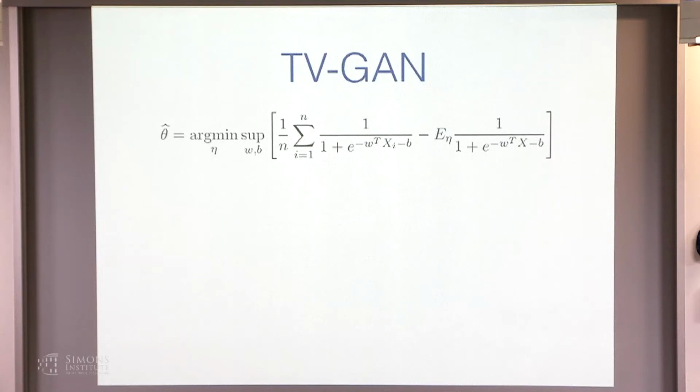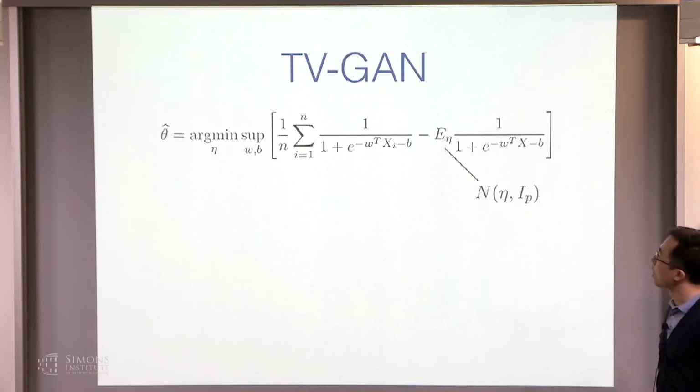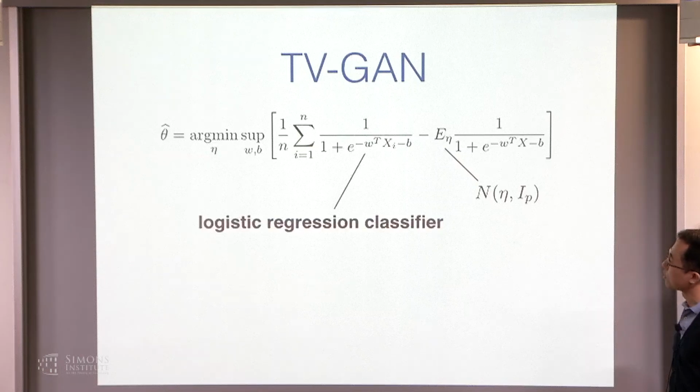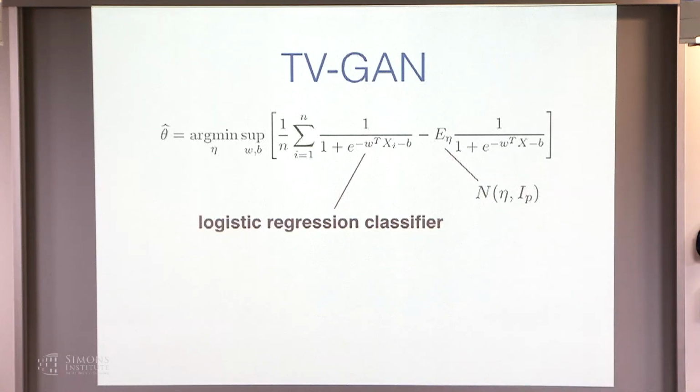Okay? So the definition of total variation GAN is trying to distinguish the empirical distribution from a normal location model by a logistic regression classifier. The reason I'm using a logistic regression classifier is because this is the simplest classifier I can think of.